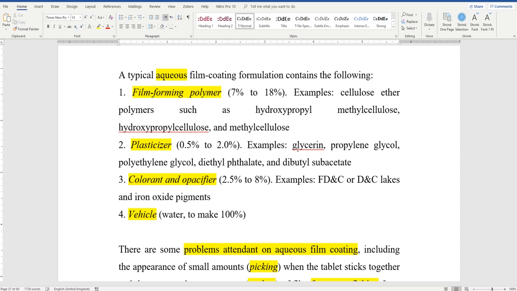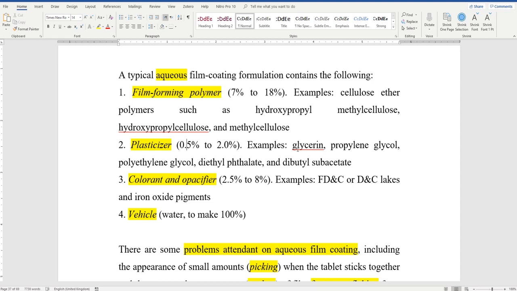Now, if you need to color your tablets, then you can add a coloring agent to the coating film solution. This coloring agent, as we discussed in capsules, includes FD&C.